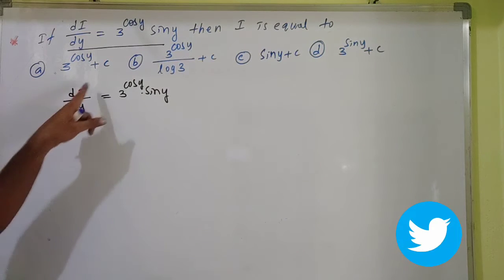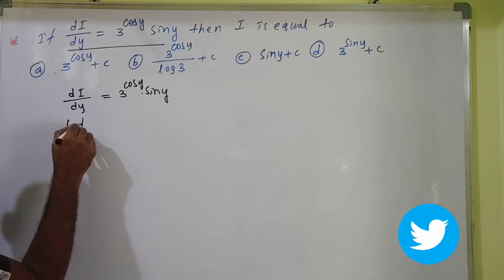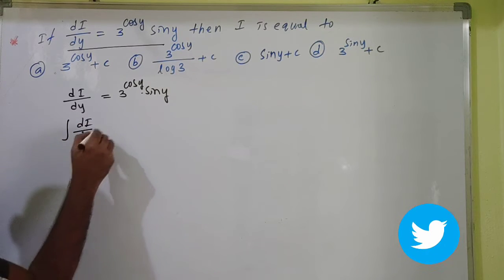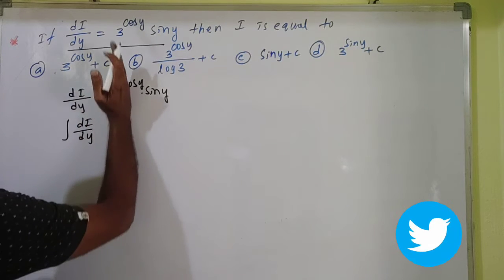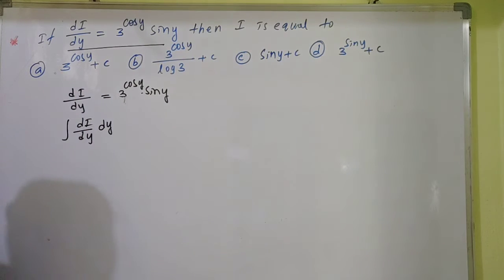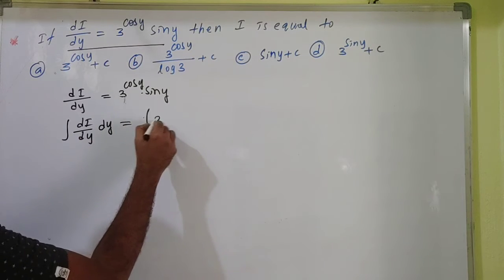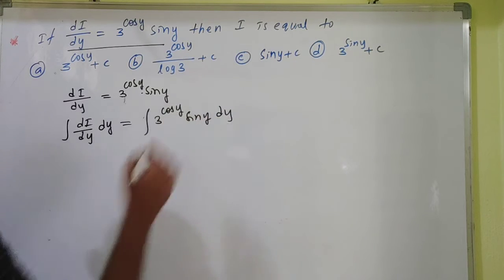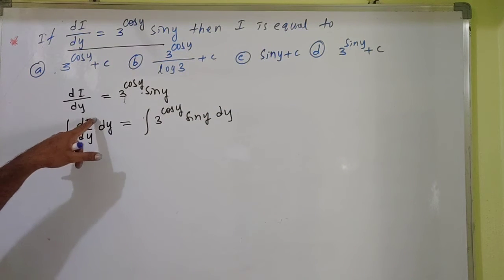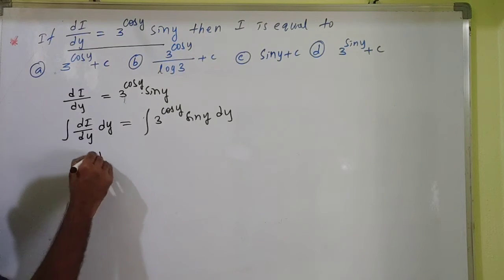We want the value of I, so apply integration with respect to y on both sides: the integration of di by dy equals the integration of 3 to the power of cos y sin y dy. The left side gives I.